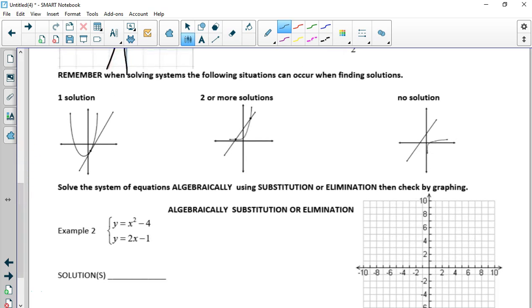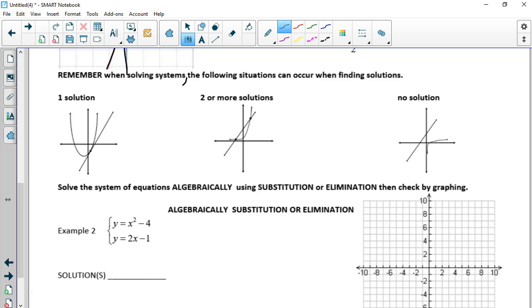All right, remember, when solving systems, the following situations, which we have commonly here, can occur when finding solutions. So, if I have a parabola and this linear equation just touches at one spot, we have one solution.